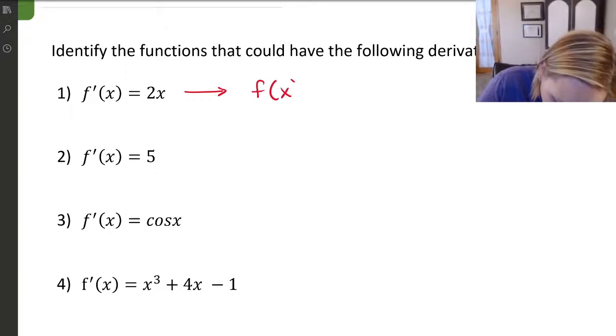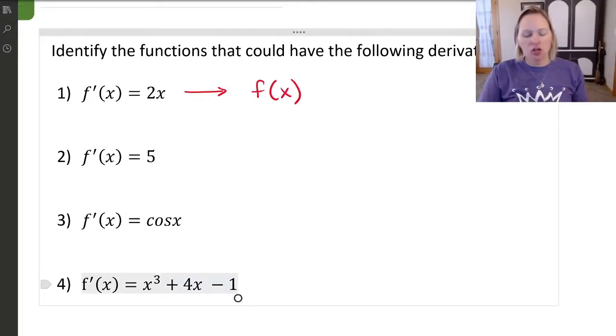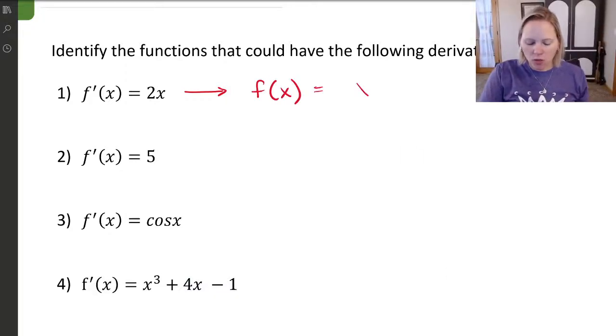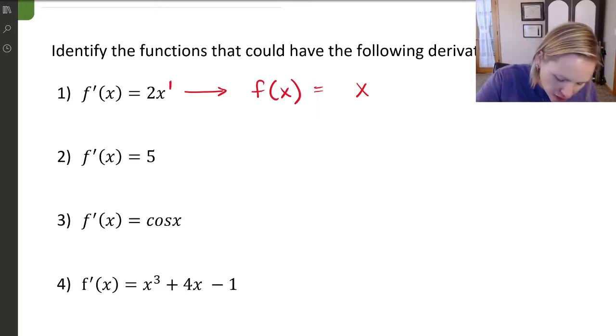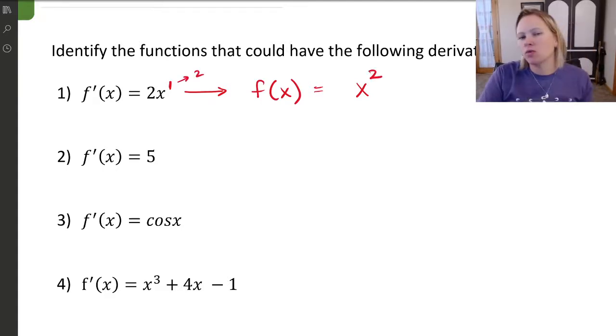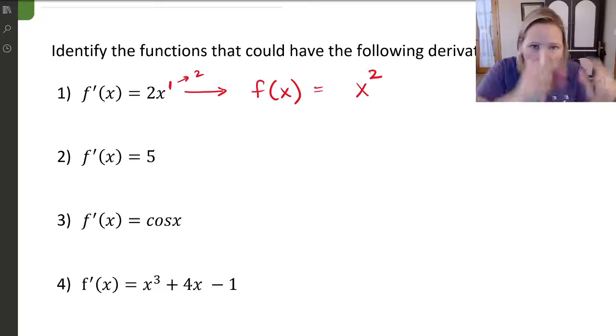Well, we're going to remember that when we take a derivative, when we have an exponent, that exponent gets brought down and multiplied. So whatever exponent I have here, it had to be one higher, right? So this exponent of 1 had to come from an exponent of 2. Now, whatever that exponent is in the original function gets brought down and multiplied, right?